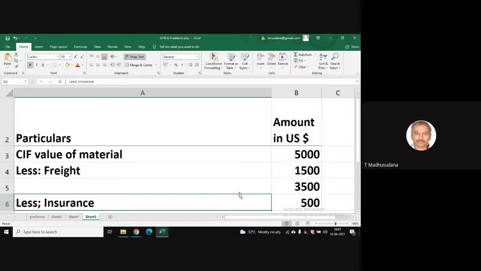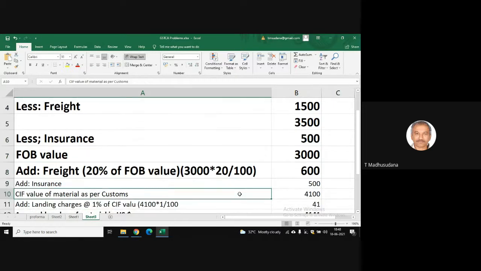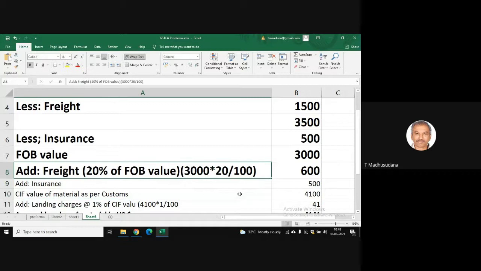If these two expenses are deducted from the CIF value, you will get the FOB value. That is, from 5,000 we have deducted 1,500 and 500. Total 2,000 we have deducted from the 5,000. That's 3,000 is the FOB value. So for the FOB value, again these two expenses are added, whatever expenses we have deducted earlier.